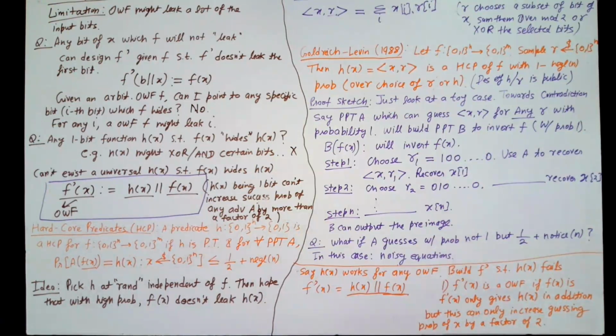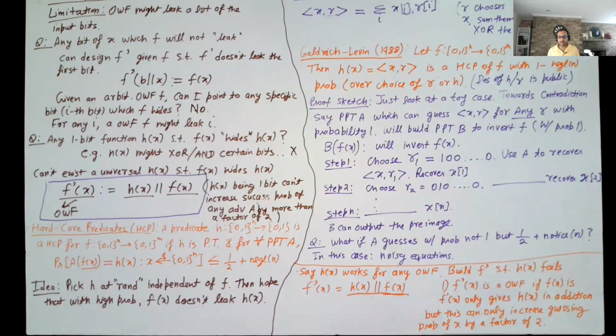But it's not like I just know that 1 bit, right? I also know f of x. So I might figure out something from that and h of x. So f of x is something which you knew even earlier, right? f of x is a one-way function, which means that given f of x, your probability of guessing was, let's say, 2 to the power minus 100, right? Now, in addition to f of x, I just give you a single bit.